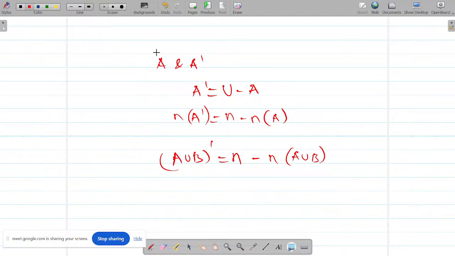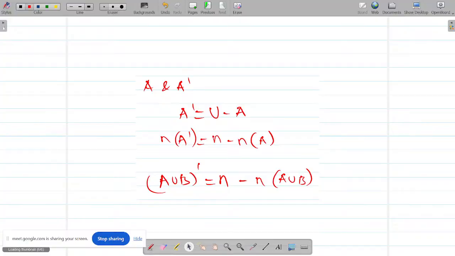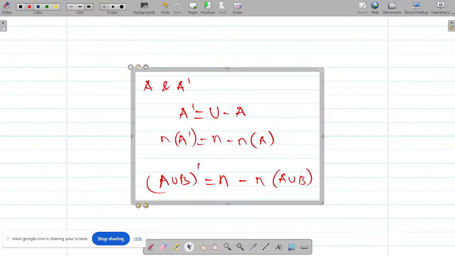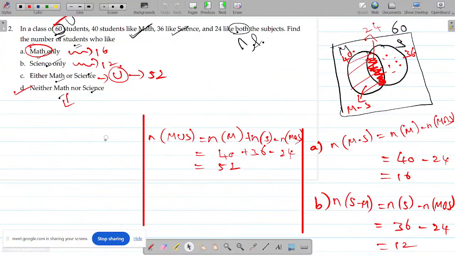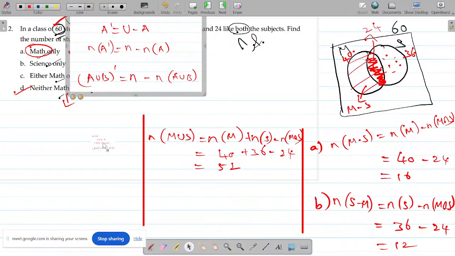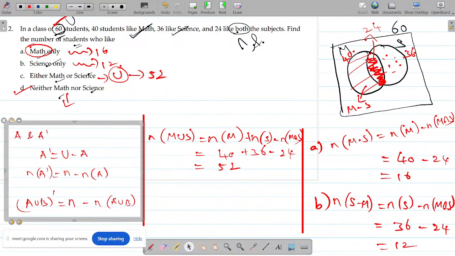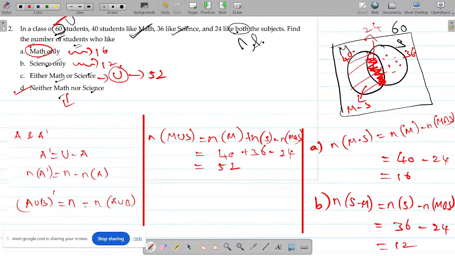Let me have this in the earlier page. Over here, see, now what happens? n of A union B has to be subtracted. What's the total n? 60. And n of A union B is 52, which we just found.